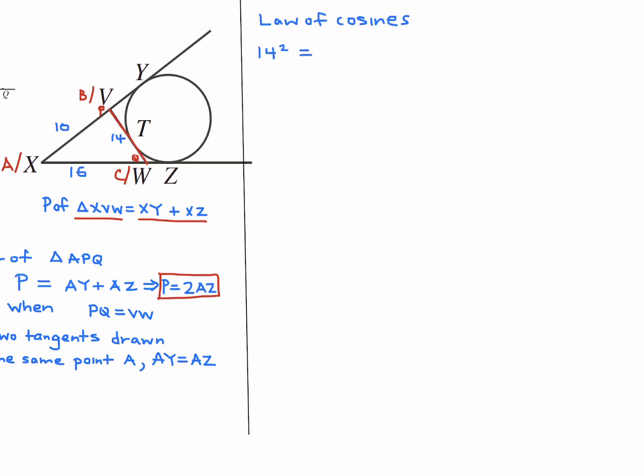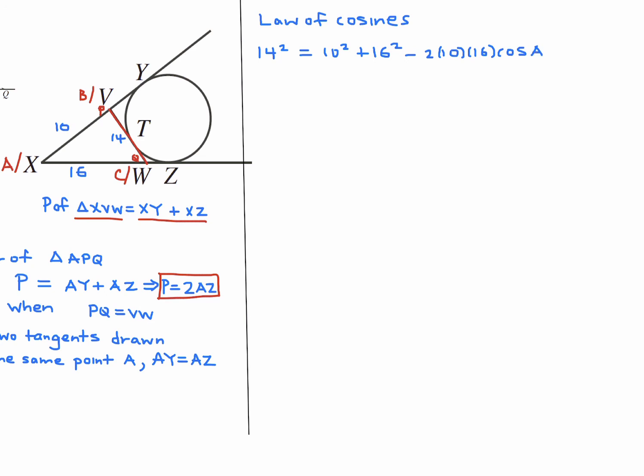14 squared is equal to 10 squared plus 16 squared minus 2 times 10 times 16, the cos of A, this angle right here.